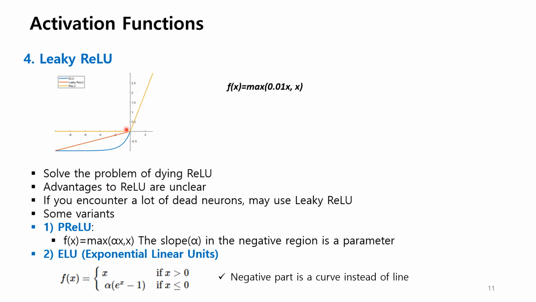In the negative part, instead of a line, you use a little curve that looks like this. So the negative part is a curve instead of a line. Again, which one is better than the other is a little unclear. You need more study about this topic.